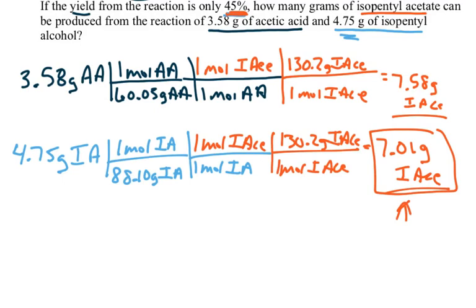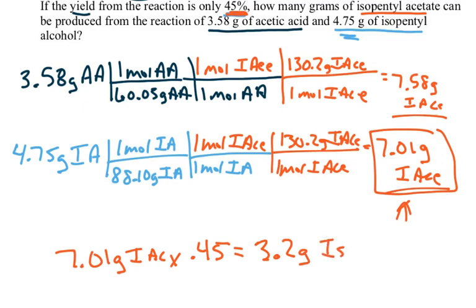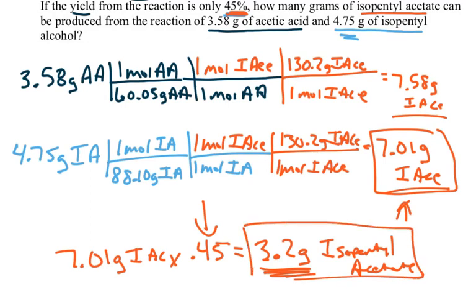Since we're making 45%, we just take 7.01 grams of isopentyl acetate times 0.45. That's what 45% is. When we do that, we get 3.2 grams isopentyl acetate. Two sig figs, because 45% has 2 sig figs in it.